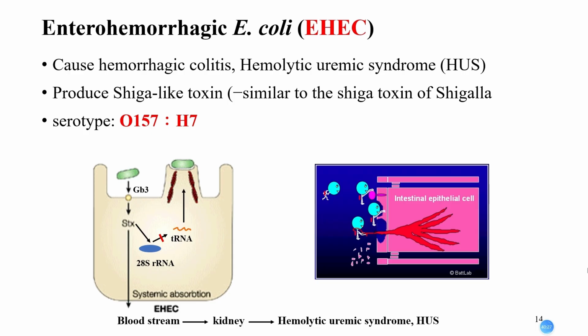And this toxin is able to inhibit protein synthesis, so that the cell would die, and the EHEC can get into the bloodstream, then get into the kidney, and there it causes a hemolytic uremic syndrome. The two different diseases, both associated with bleeding. So that's why we call it the enterohemorrhagic E. coli.